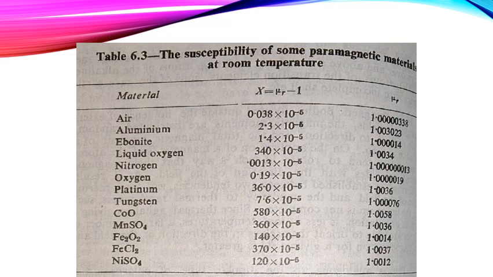That's why in paramagnetic susceptibility as well as in orientational susceptibility, the susceptibility is positive and temperature dependent, and therefore the paramagnetic susceptibility varies inversely with the absolute temperature, and this is the Curie law of paramagnetism.